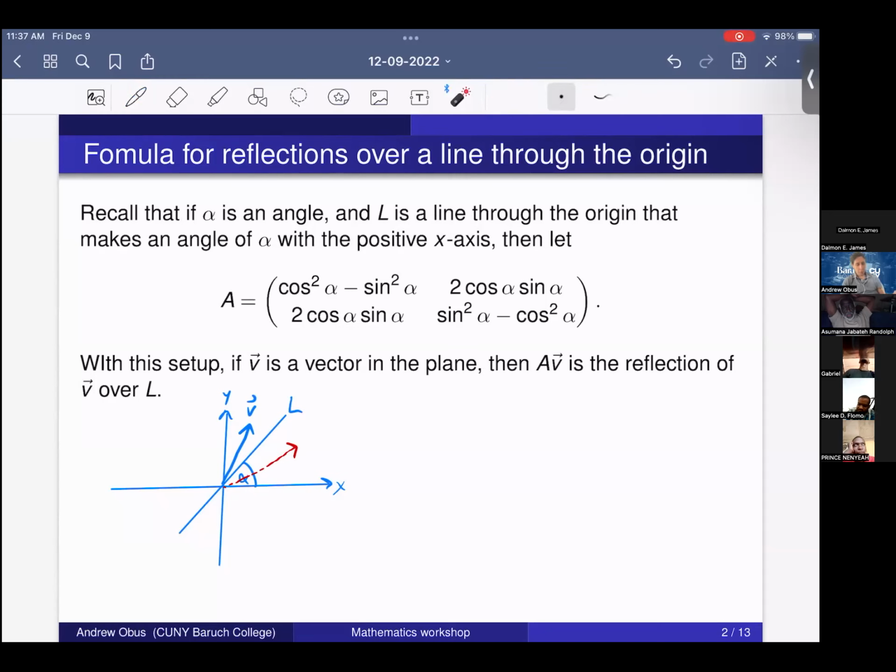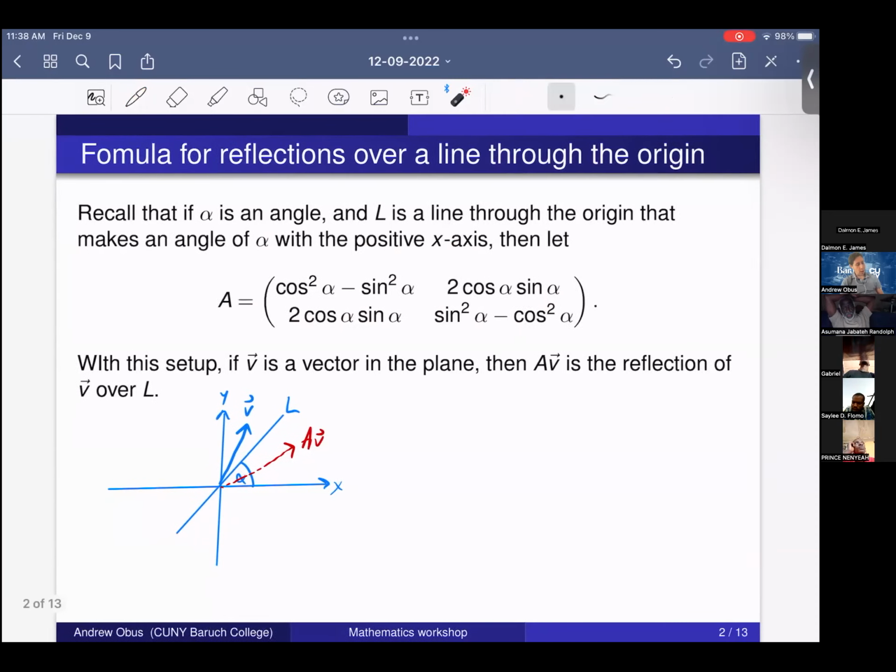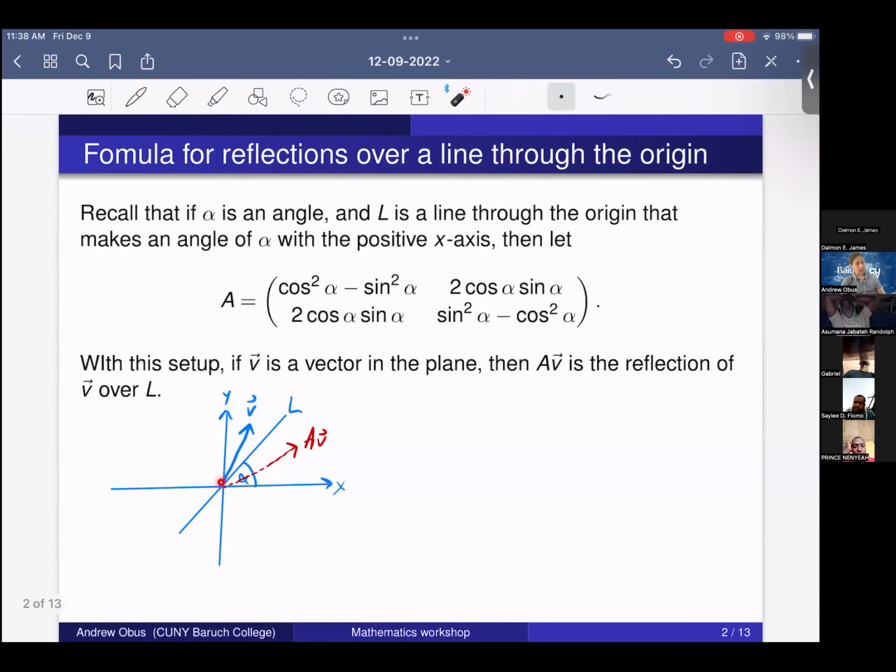And what this matrix does that we saw last time is that if you multiply this matrix by v, it gives you the reflection. So in this case, this vector over here in red is going to be A times v. And this was the formula that we had for doing it. So if you know what angle your line makes with the x-axis and you know what your vector is, you can calculate the reflection. We did a couple of examples of this.